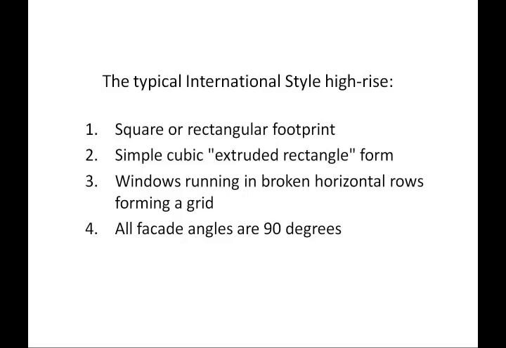The third point is windows run in broken horizontal rows forming a grid. So this is like the ribbon window, yet now writ large on a building. And all facade angles are typically at 90 degrees. So again, very, very boxy, very, very planar and orthogonal.